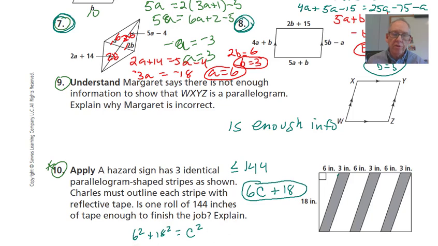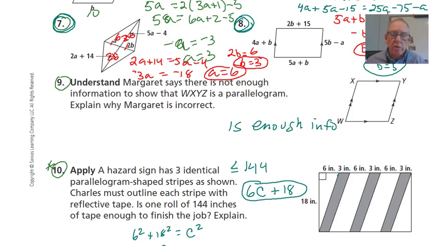So 6 squared is 36. 18 squared, I can't remember 18 squared. Hold on. 18 squared is 324.